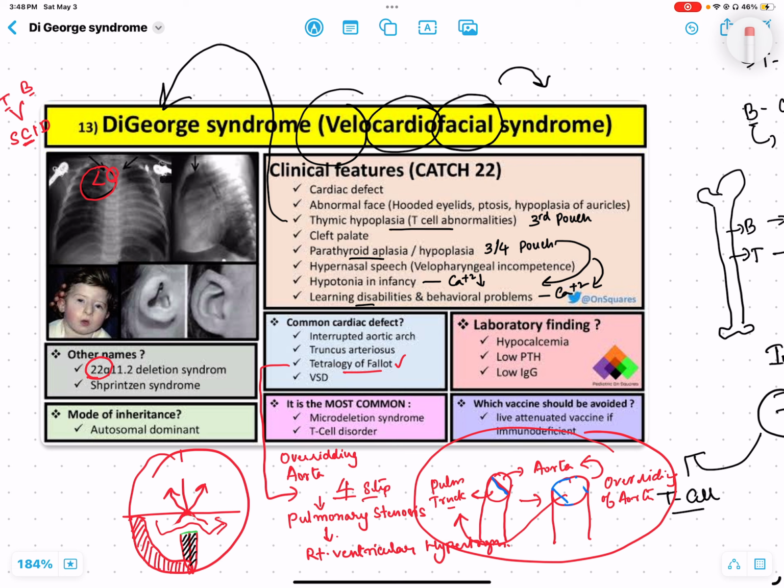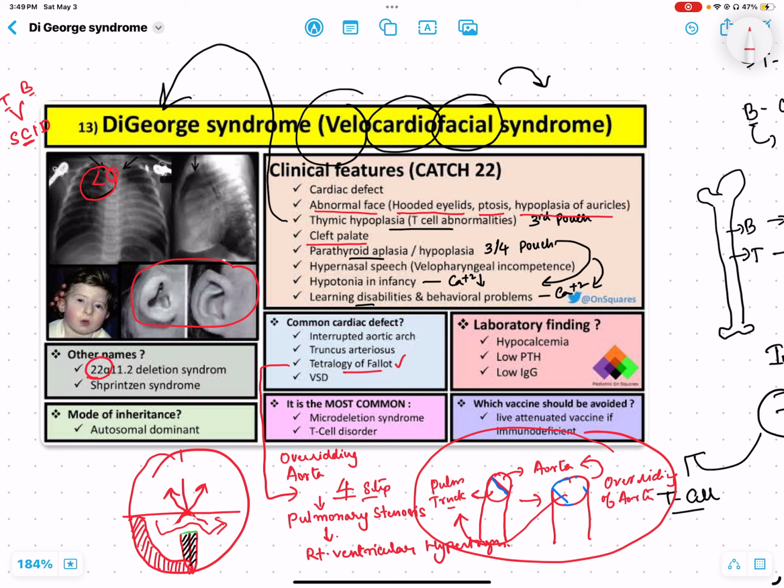Apart from that, you should also understand that people with DiGeorge syndrome who come to the emergency room also show up with different kinds of faces: hooded eyelids, ptosis, and hypoplasia of the auricles. You can see the pictures here. Because these people have the defect of cleft palate, it is called cardiofacial.